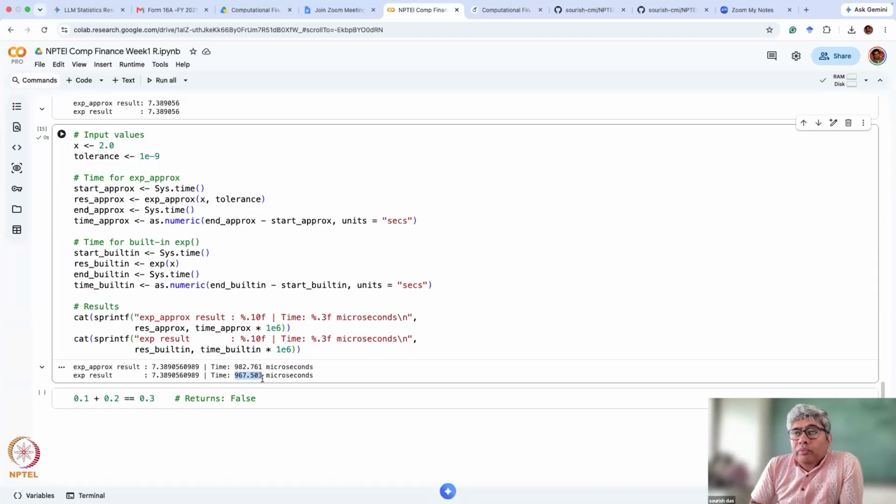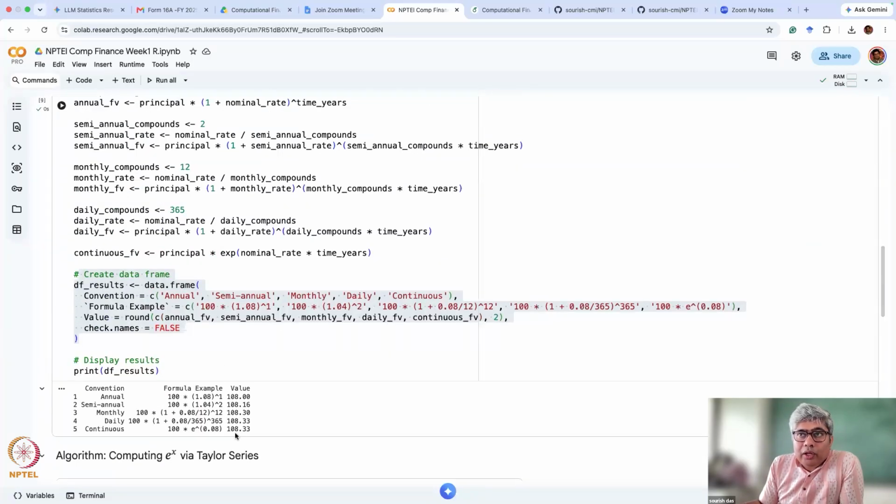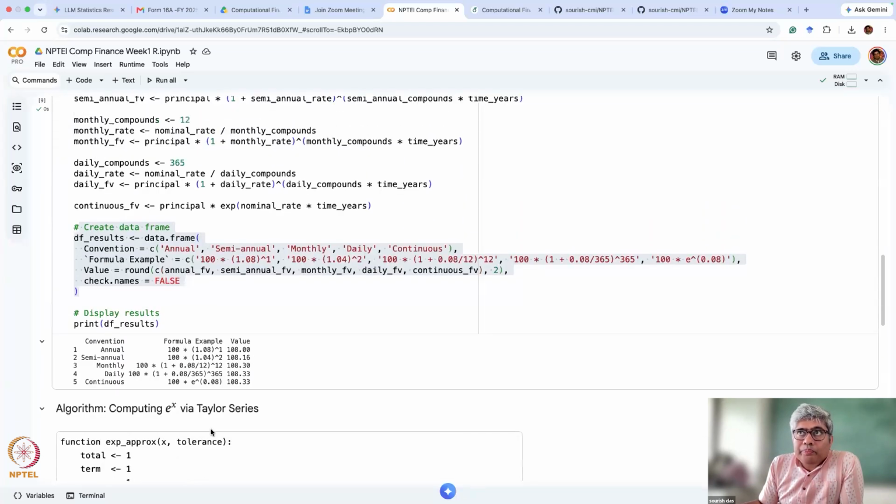One of the reasons why we are interested in time, especially runtime: imagine you are using this continuous compounding approximation to price a bond, and you are doing it for a portfolio.